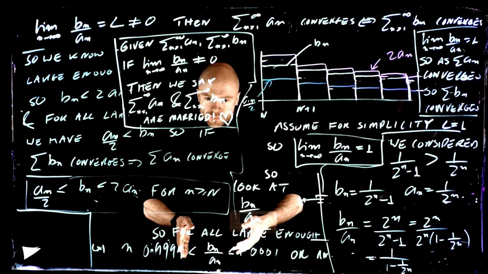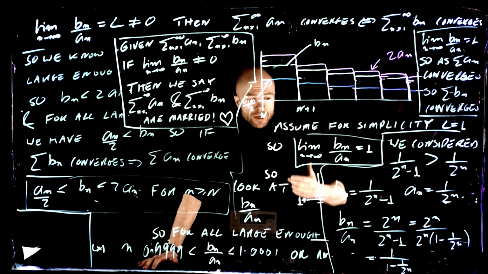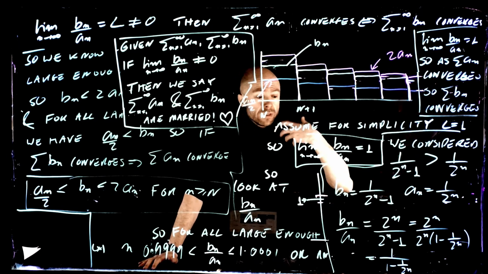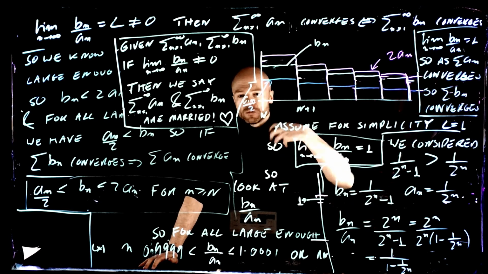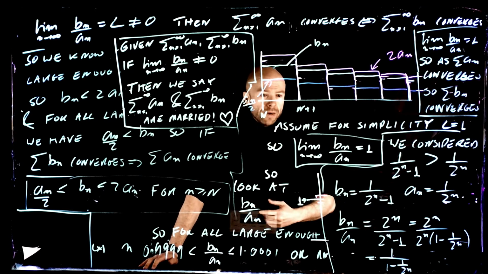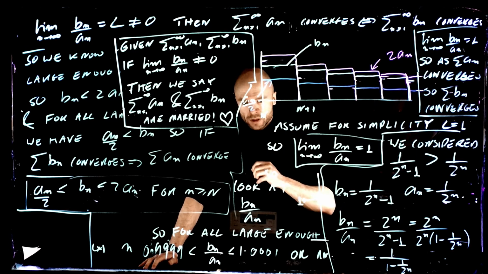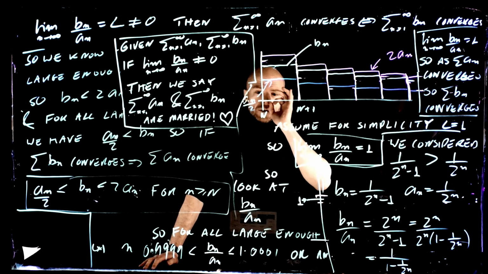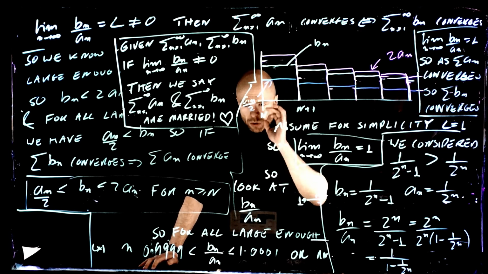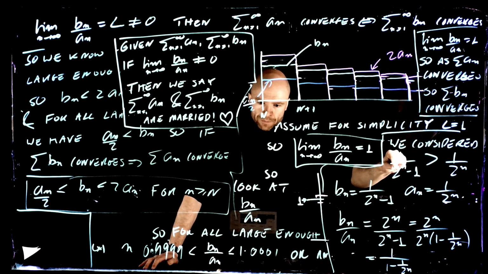And the reason I like this language is because the way this game works is that we're going to be given some ugly series like this. This one is not particularly ugly, but we're going to see some really ugly series, where it's hard to see what it's actually doing, hard to understand its behavior. What we're going to use this tool for is to extract out the essence of the series, the main important thing about the way these terms go down to zero.